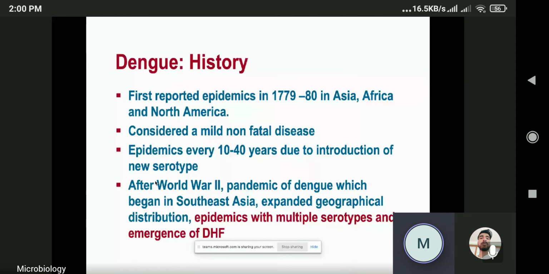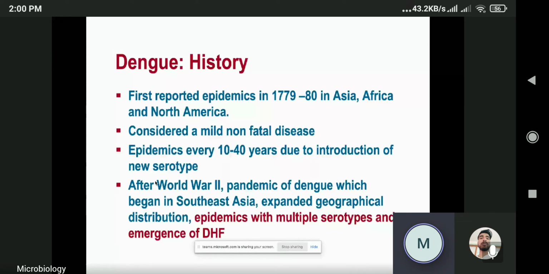Now history. It was first reported in the 17th, 18th century in Asia, Africa, and North America. It was considered a mild, non-fatal disease. Why? Because in primary infection by any serotype, almost 90 to 99% of individuals have asymptomatic to non-specific febrile conditions, or non-febrile conditions.